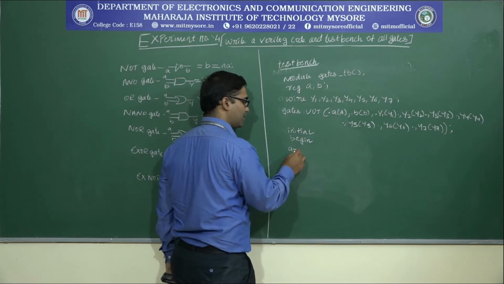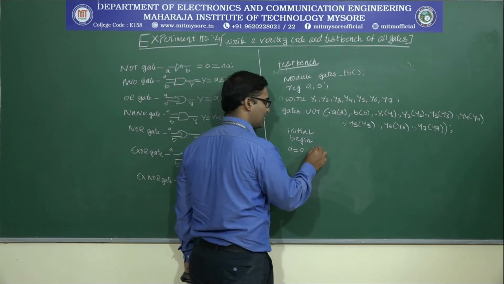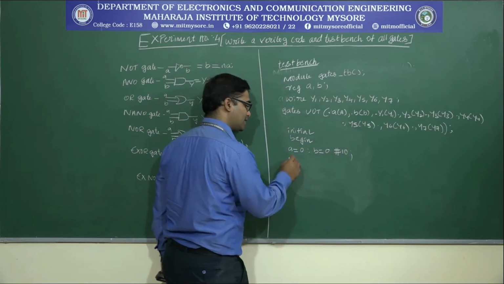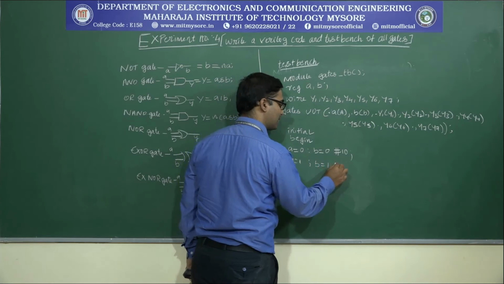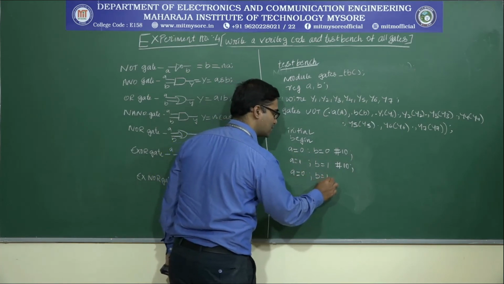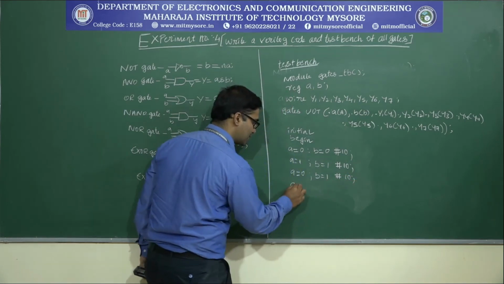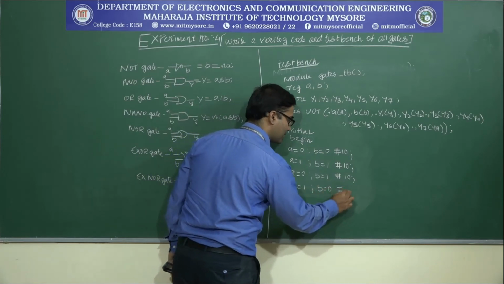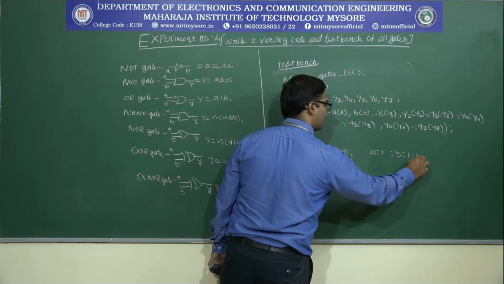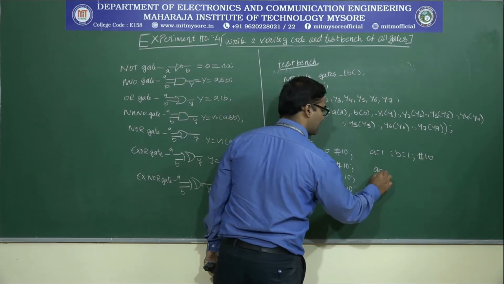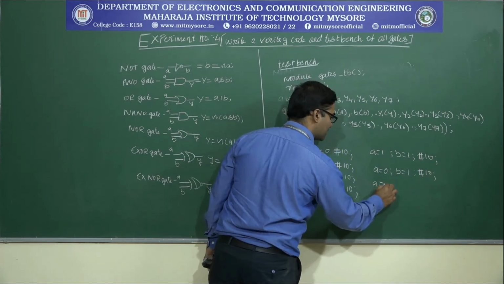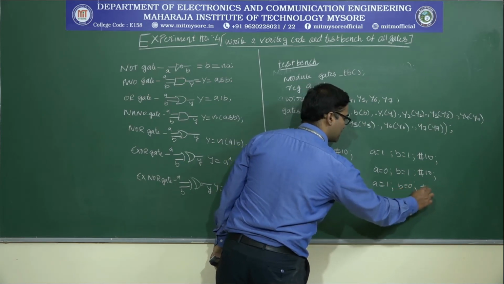Let us define A equals 0 and B equals 0 for 10 nanoseconds, A equals 1, B equals 1 for 10 nanoseconds, A equals 0, B equals 1 for another 10 nanoseconds, A equals 1 and B equals 0 for 10 nanoseconds, A equals 1 and B equals 1 for 10 nanoseconds, A equals 0, B equals 1 for 10 nanoseconds, A equals 1, B equals 0 for 10 nanoseconds.